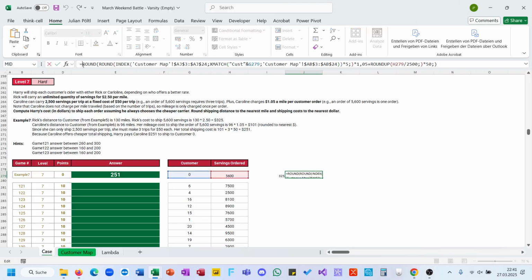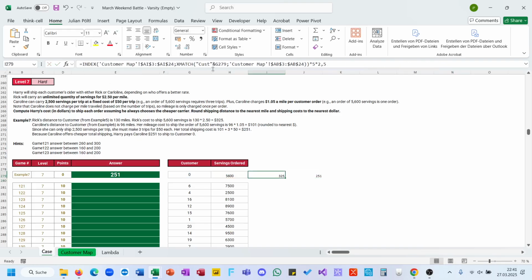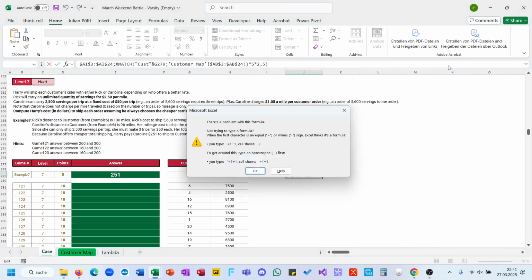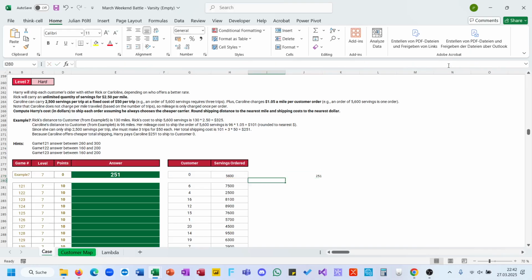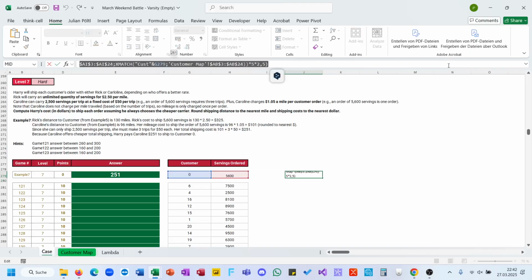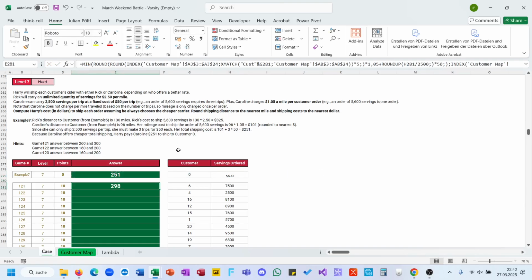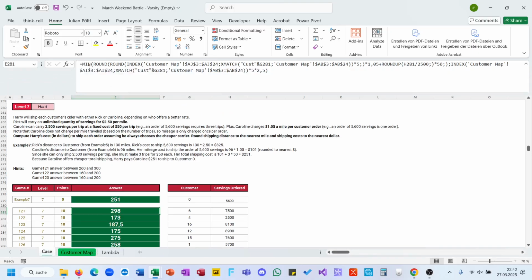Done. And now we want to have it in a single formula, min of this and this. Without the equal sign. Now, let's add it here, it's in the boundaries, but this shouldn't be 0.5.